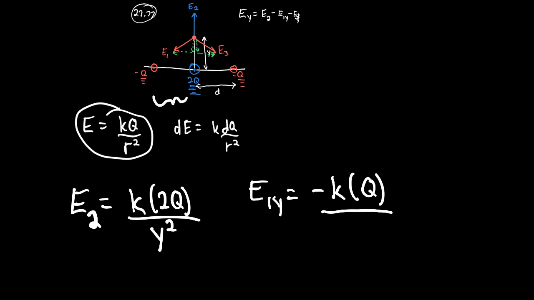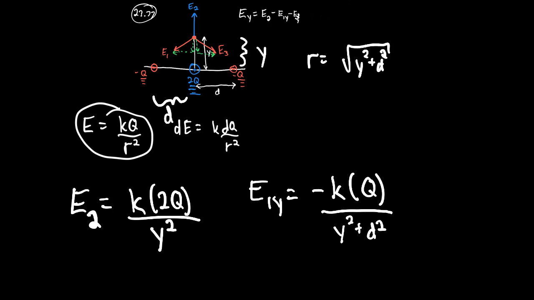So this was D, this was Y, R equals square root of Y squared plus D squared. Square root of Y squared plus D squared, squared, is Y squared plus D squared. That is the total electric field.